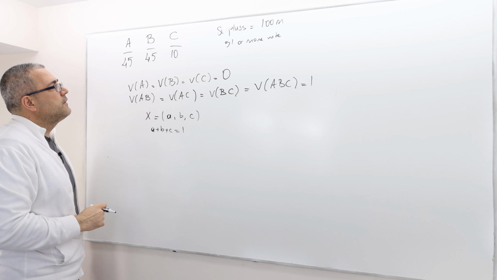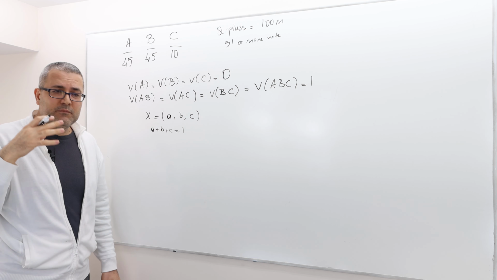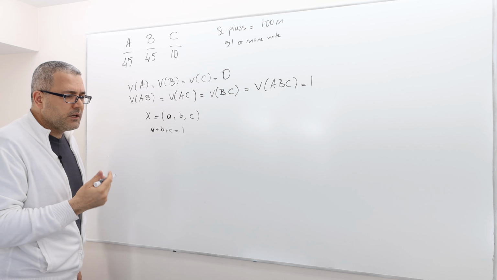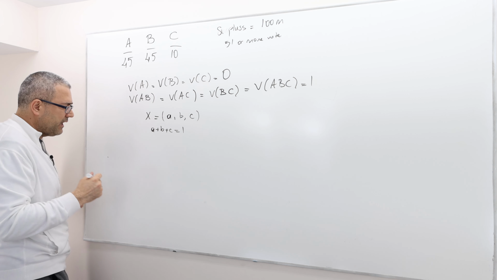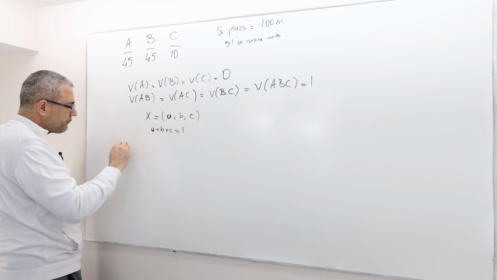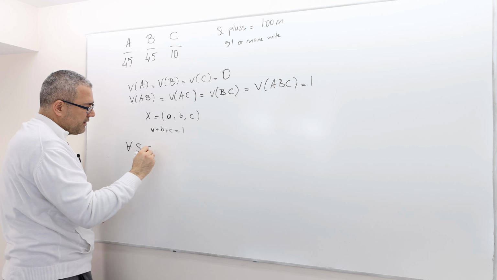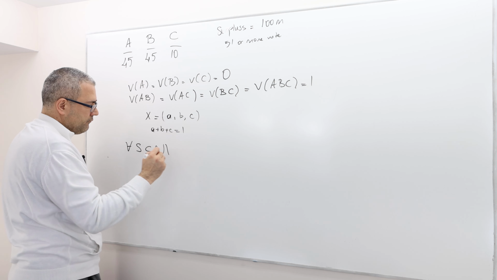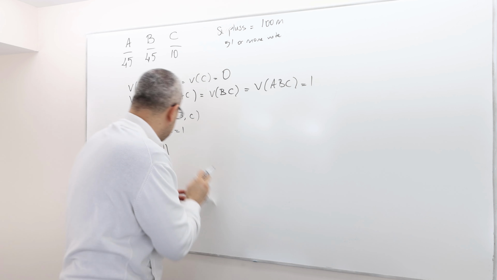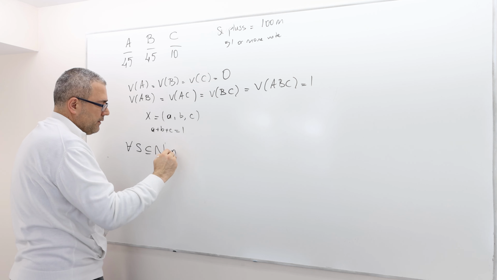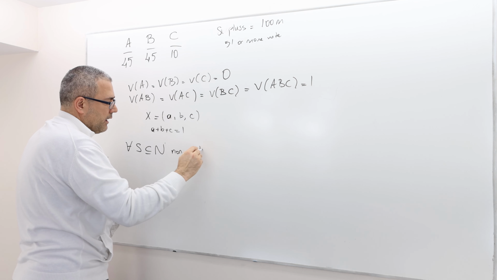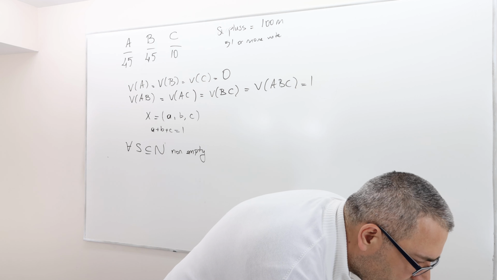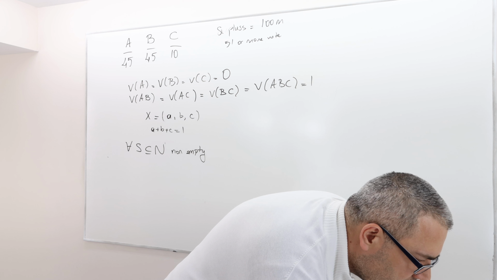Good. So what is stability? Now I need to understand the formal definition of stability. If you remember, stability says the following: for any S subset of N, non-empty.